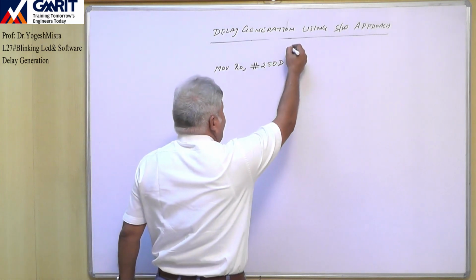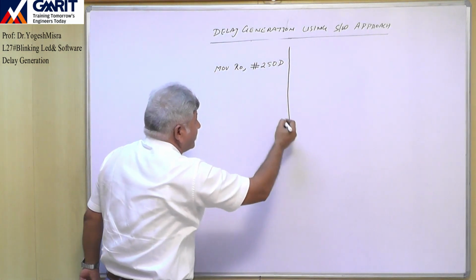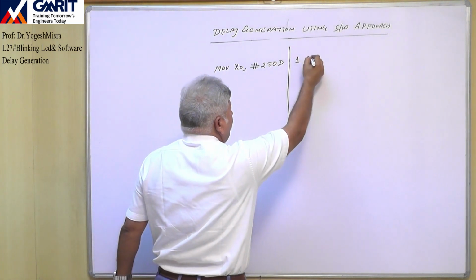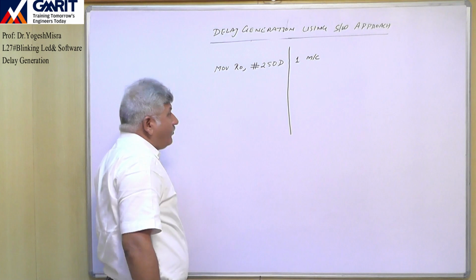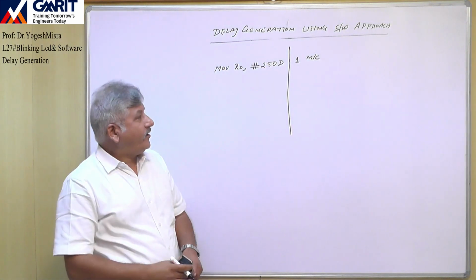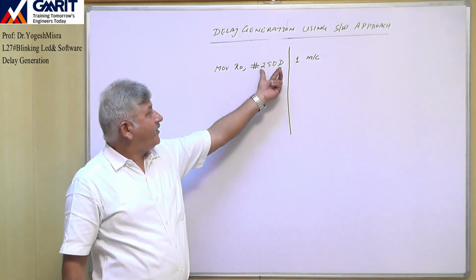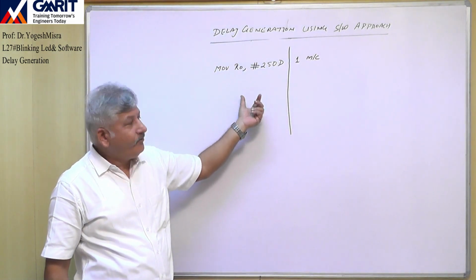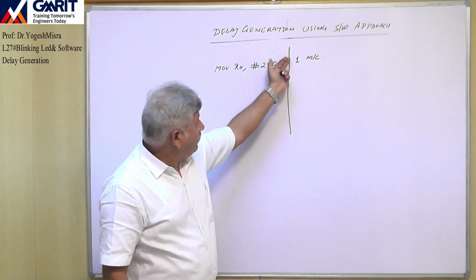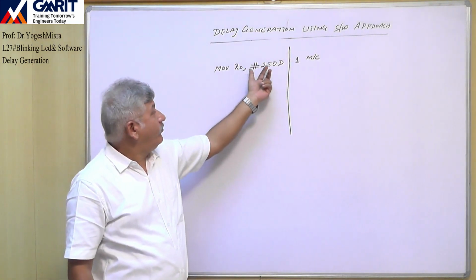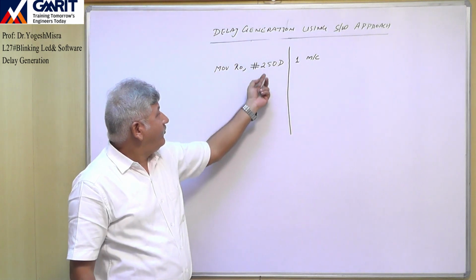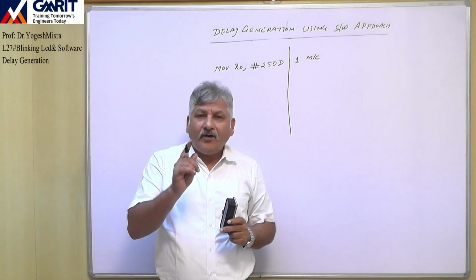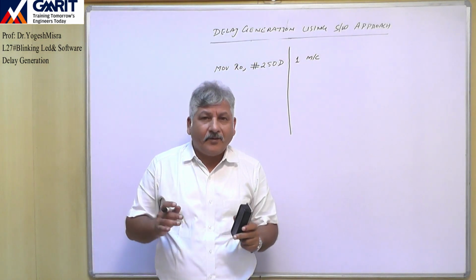Now this instruction requires one machine cycle for execution. Whenever we want to load some immediate value in any of these registers like R0, R1, R2, R3, our microcontroller requires one machine cycle for complete execution.